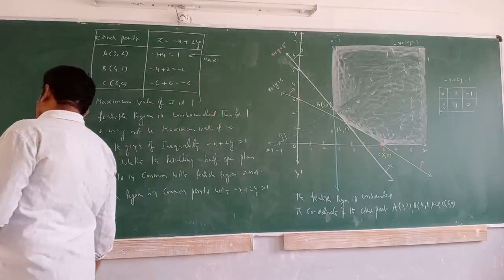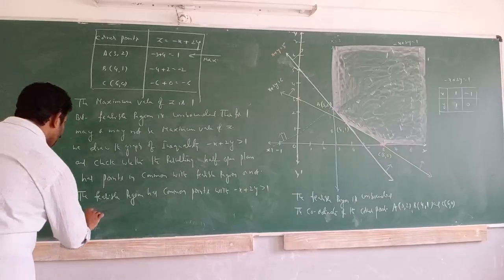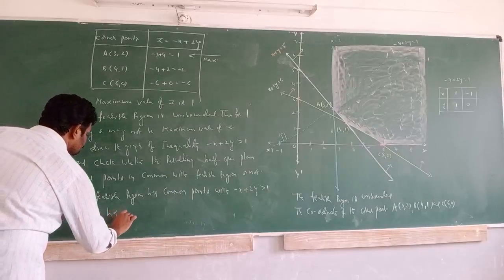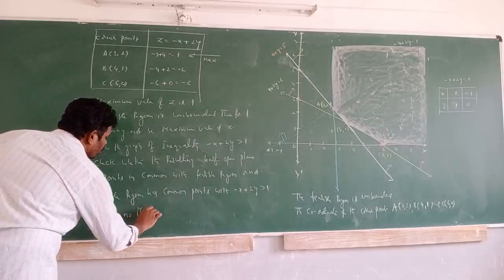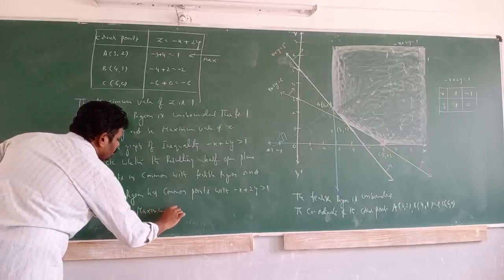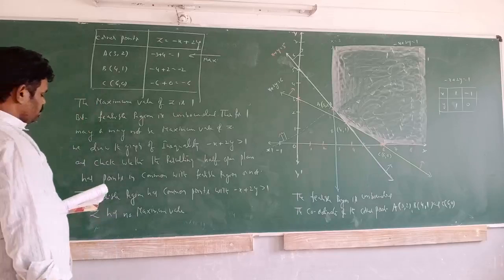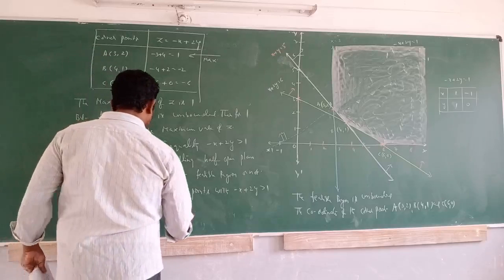Okay? So that's why z has no maximum value subject to the constraints.